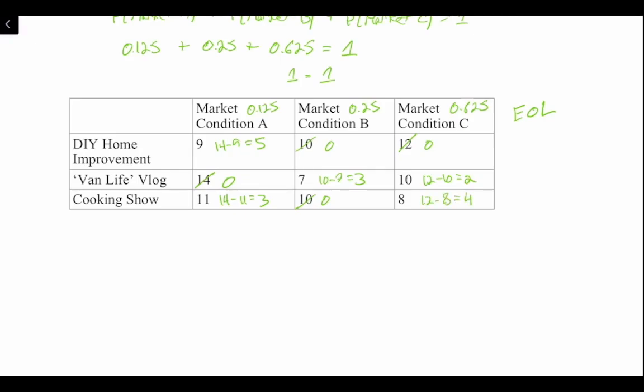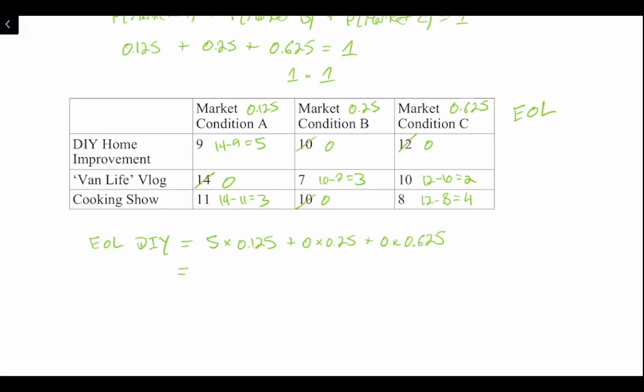Okay, now all we're going to do is multiply these regrets. So EOL DIY is simply equal to the regret times the probability that it occurs. So in this case, we have a regret of 5 times 0.125 plus 0 times 0.25 plus 0 times 0.625.